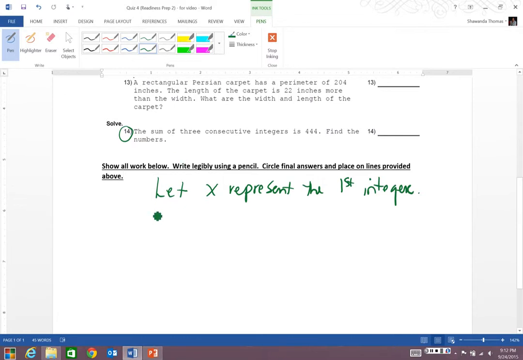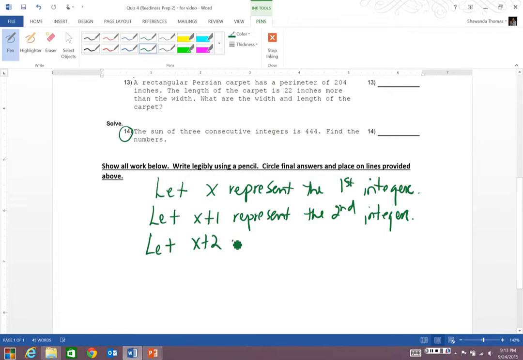For the second integer, we let x plus 1 represent the second integer. And we let x plus 2 represent the third integer.